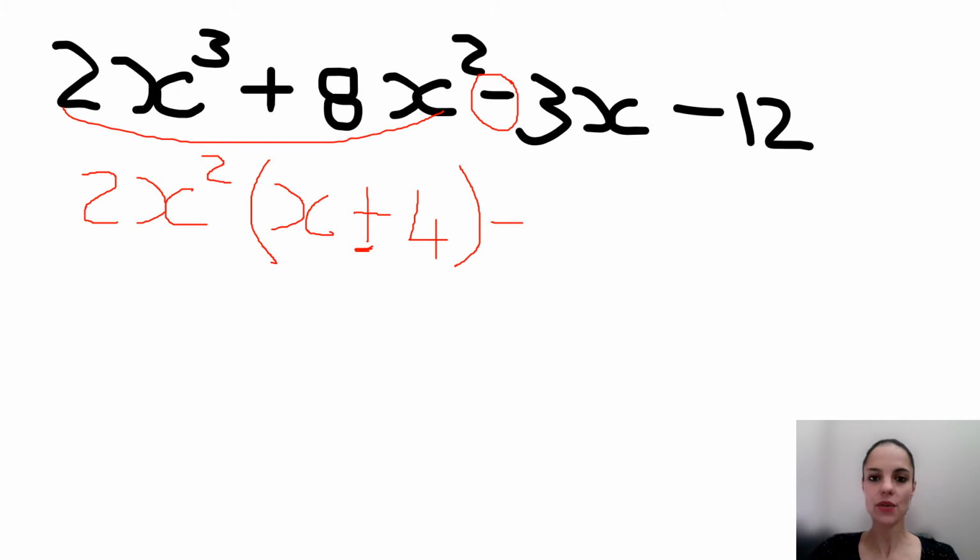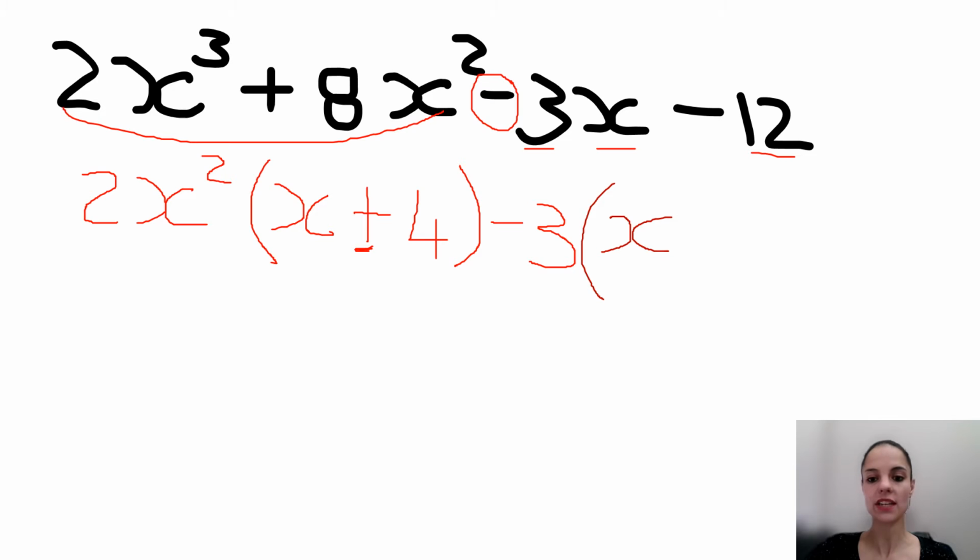So we're going to take out a 3. The common factor between 3 and 12 is 3. We can't take out an x. Why? Because the 12 has no x. So it's not a common factor, so we just have to leave the x. Okay, so now, because we took out a negative 3, all that is left is an x. Because when you times it back in, it has to be negative 3x.